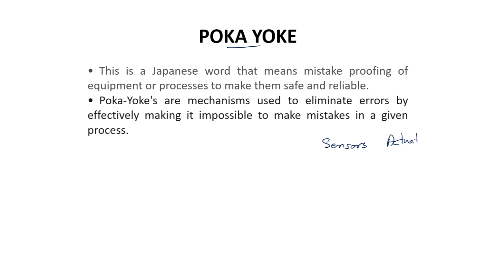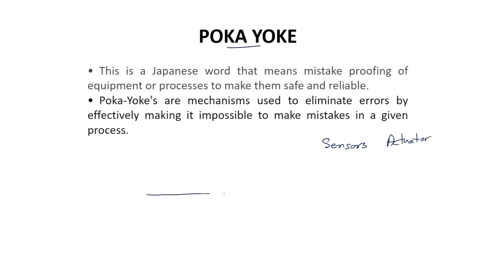When the right conditions are achieved, the sensor will cut off the supply and the right quality is produced. At the same time, if all conditions are not correct, the machine will not operate. This is good for safety and quality also, and various sensors are there. If somebody's hand or something is there, the machine will not operate. Similarly, if all the conditions are not there, the machine will not operate.